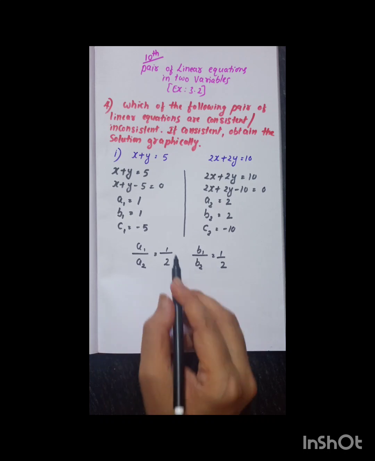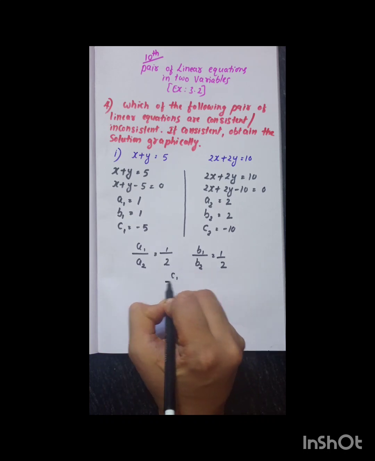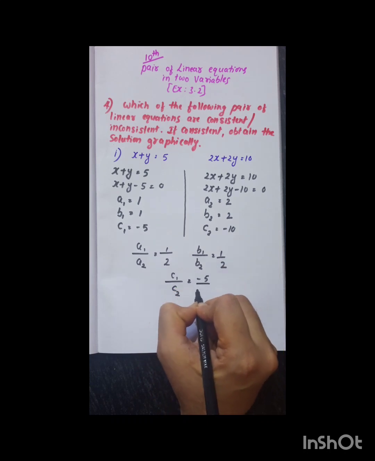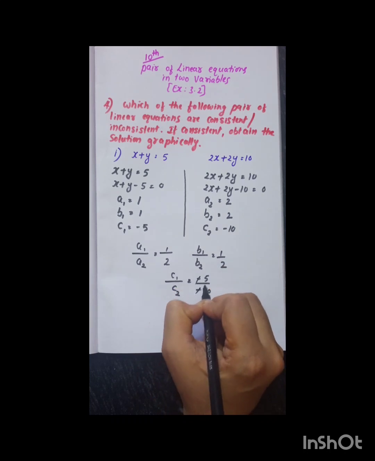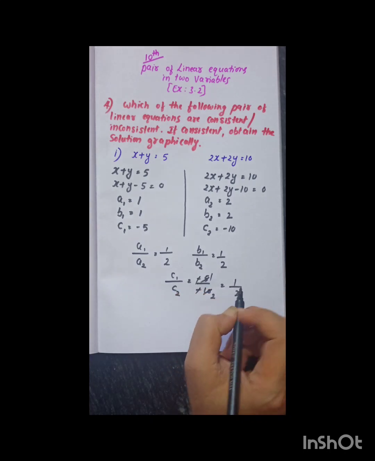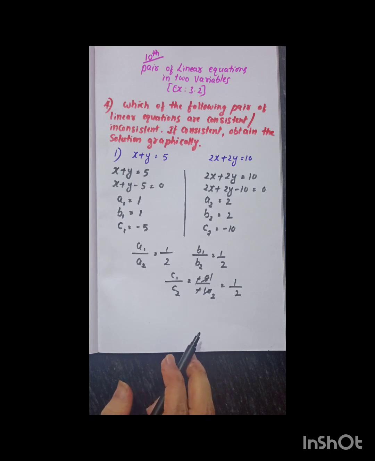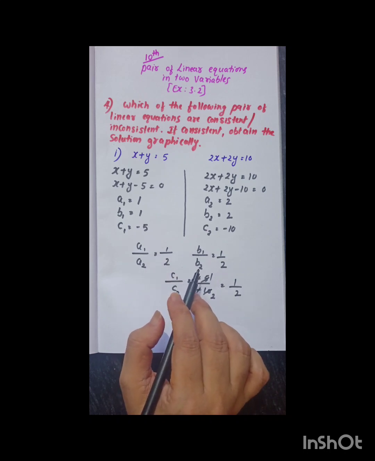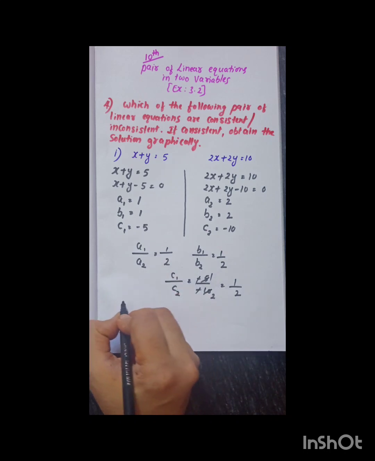So we are moving towards C1 by C2. Minus 5 by minus 10. Minus minus get cancelled. 5 ones are 5, 5 twos are 10. It is also 1 by 2. Here A1 by A2, B1 by B2 and C1 by C2 all are equal to 1 by 2. So they are all equal to each other. It means the equation is coincident.